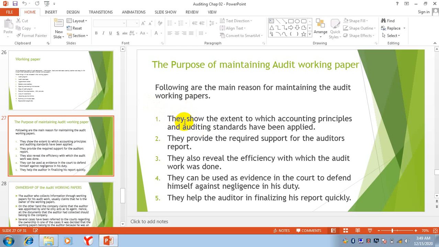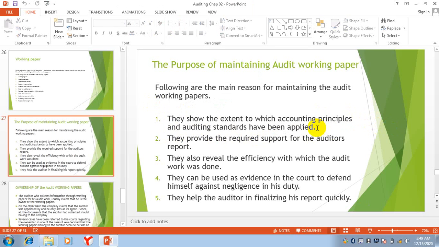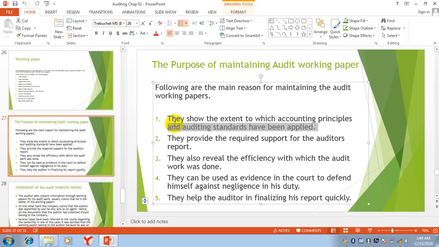The first thing is they show the extent to which accounting principles and auditing standards have been applied. Now these working papers will tell any third party whether the auditor followed the accounting principles and auditing standards or not.